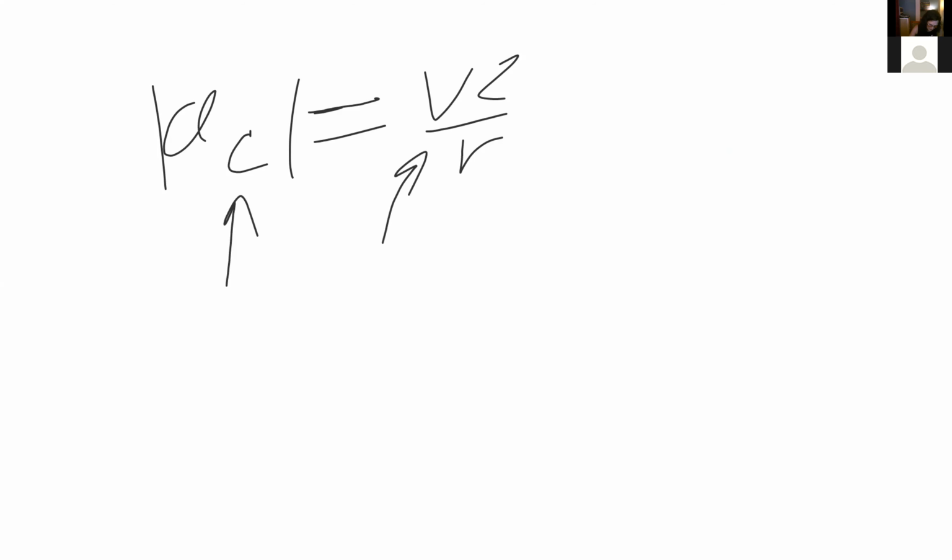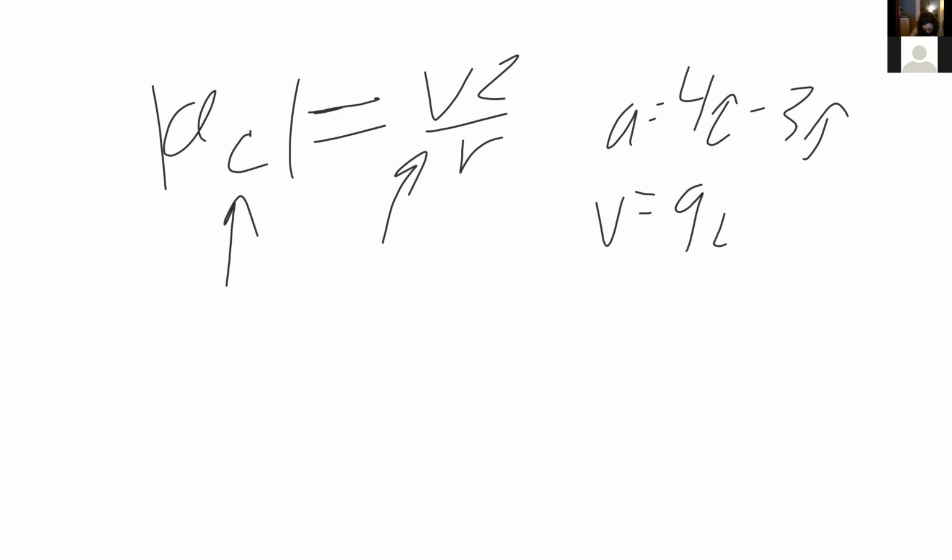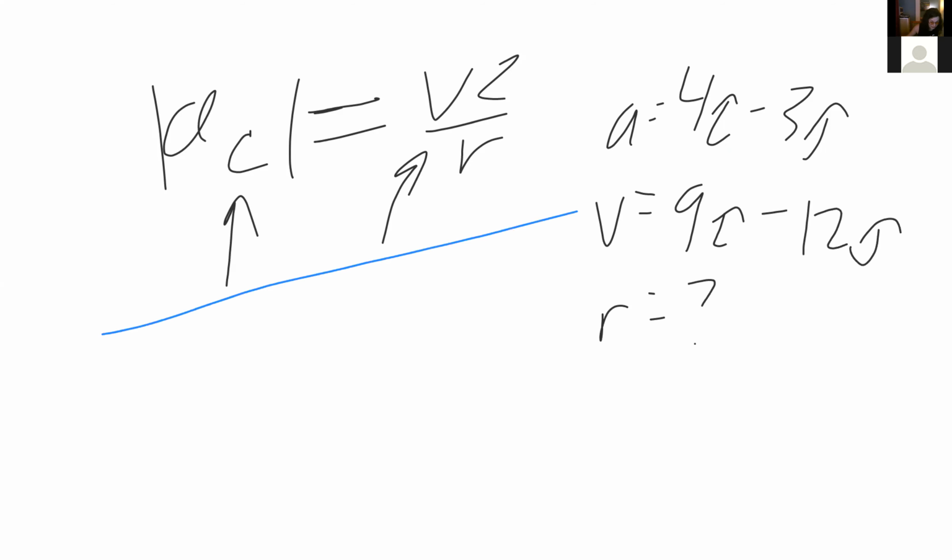So what I mean there is if I were to give you acceleration is 4i hat minus 3j hat, and speed is 9i hat minus 12j hat. I need to make sure those numbers work. I think those numbers will work. And then I'm going to ask you to find the radius. This is an exam problem. So an old exam problem, I should say. And again, I have not looked at the new exam.